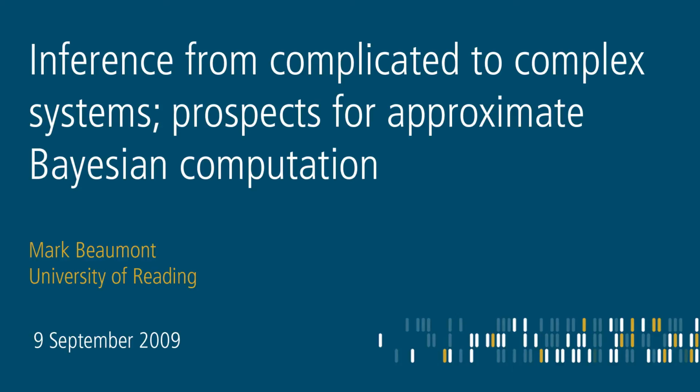So the approach that was taken in Beaumont, Zhang, and Balding in 2002 was that we measure some summary statistics from the data, and we simulate n random draws from the prior and compute the summary statistics, and then, incidentally, these are scaled.